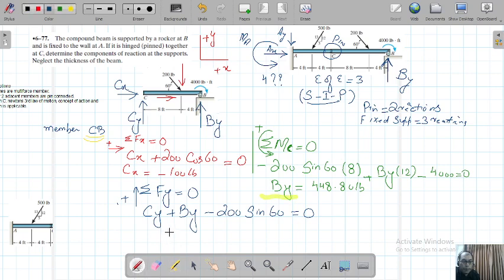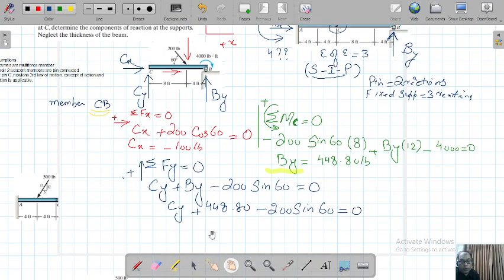So Cy plus what was By going to be, 448.80 minus 200 sine of 60 is equal to 0. Okay, so what does this tell us?